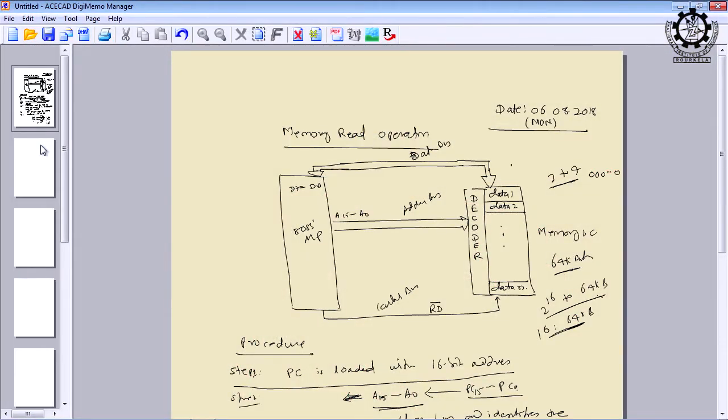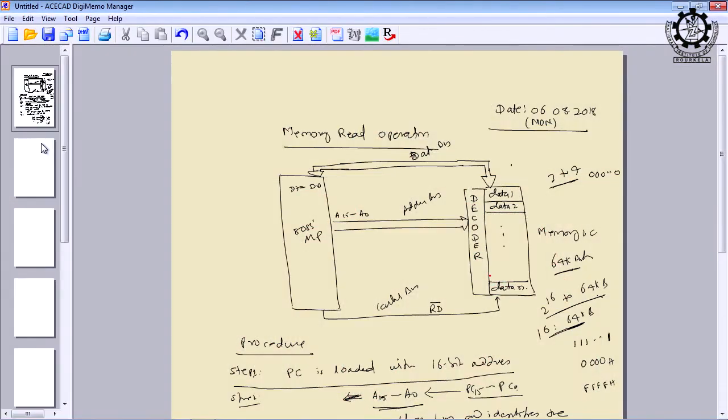Okay. Obviously, the starting address will be all zeros, that is all 16 zeros, and the final address will be all ones. To simplify this, we will use 0000 in hexadecimal, and the last address will be FFFF H. Do not get confused with this H. H will be attached because of the hexadecimal digits.